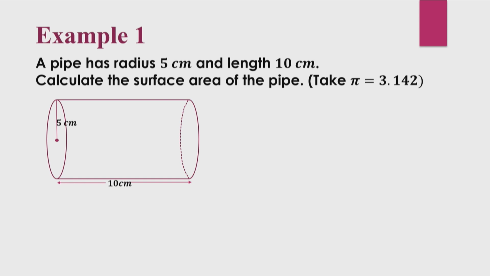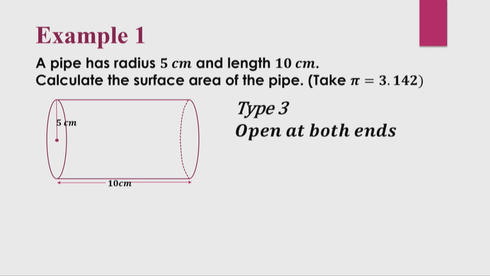Example 1. A pipe has a radius 5 centimeters and length 10 centimeters. Calculate the surface area of the pipe. Take pi to be 3.142. This is a type 3 cylinder, open at both ends. To calculate the surface area, it is 2 pi r h.